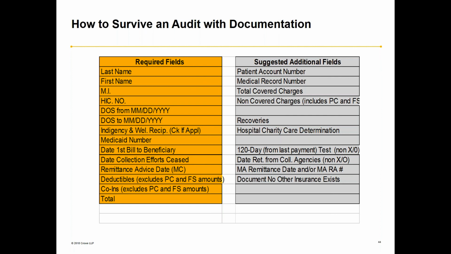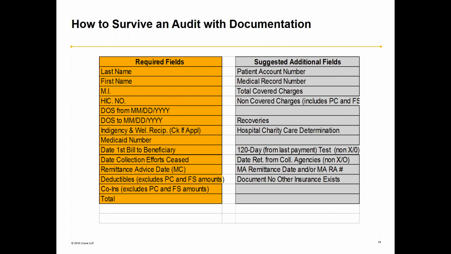Meaning, if there were recoveries, did that get taken away? Was a hospital charity care determination made? That should be marked on the log, and that way it's easier to determine where that information is. The date of the first bill to the beneficiary, and the 120 days.